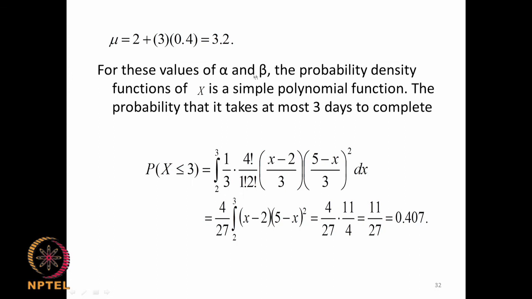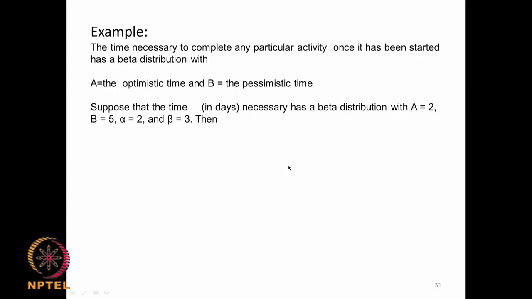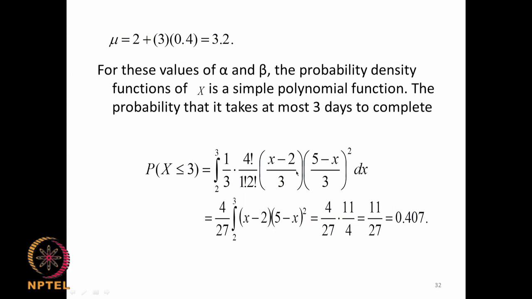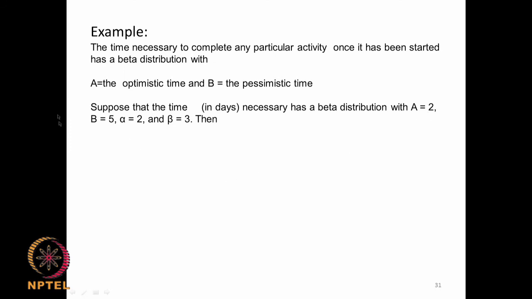Now, for these values of alpha and beta, the probability density function of x is a simple polynomial, because you substitute into the cumulative distribution function like this. So, we put alpha as 2, beta as 3, and then A as 2, B as 5.